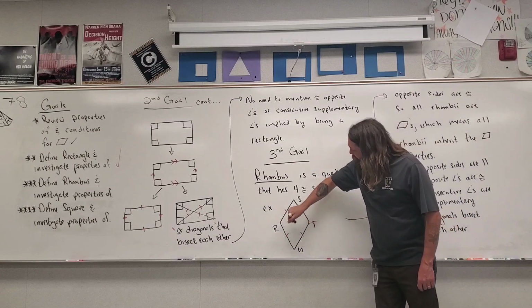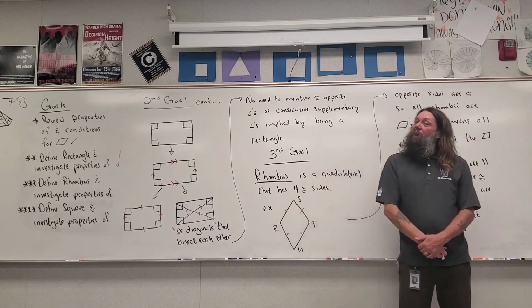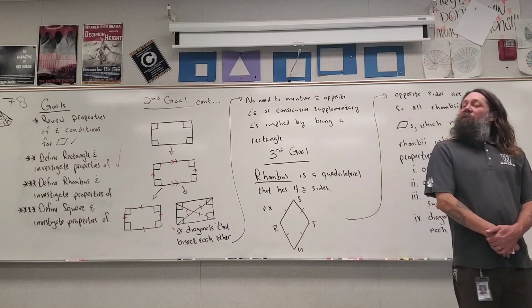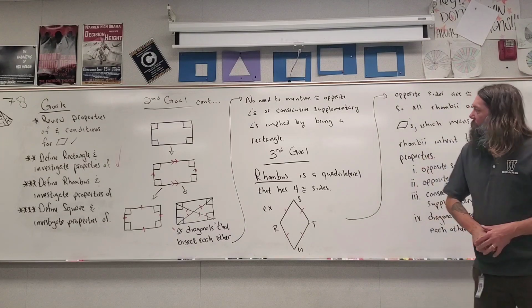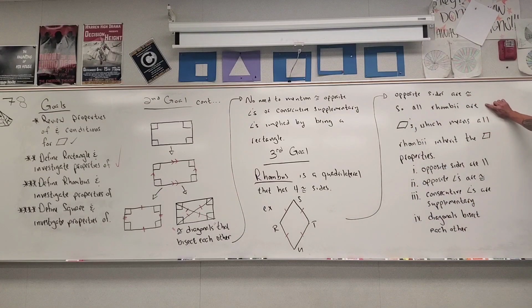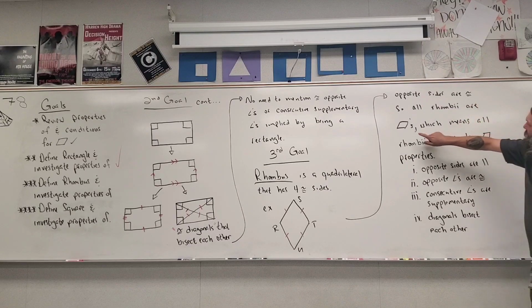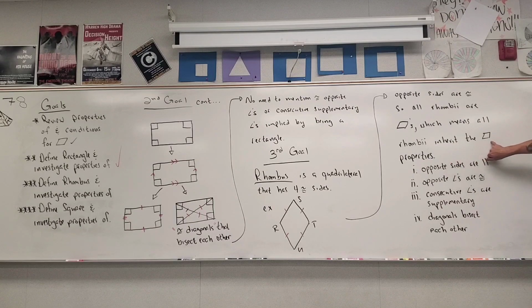Remember, opposite sides are congruent was a condition needed to have a parallelogram. So all rhombi, I think that's plural for rhombus, are parallelograms, which means all rhombi inherit the parallelogram properties: opposite sides are parallel, opposite angles are congruent, consecutive angles are supplementary, and diagonals bisect each other.